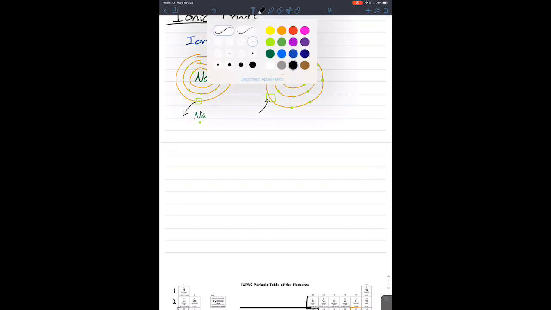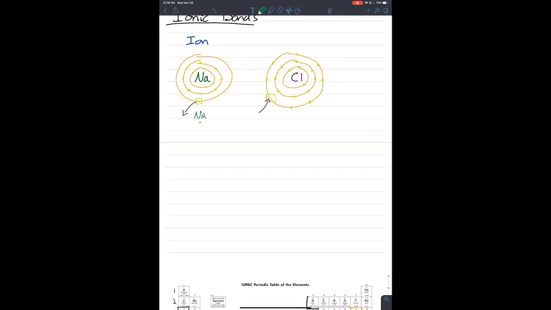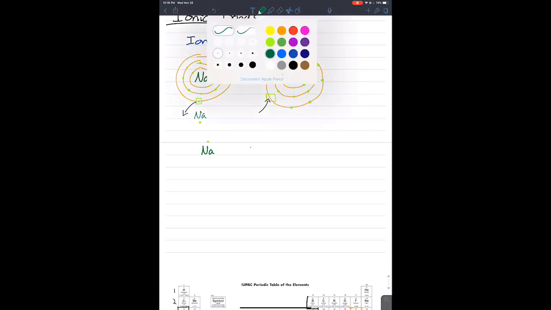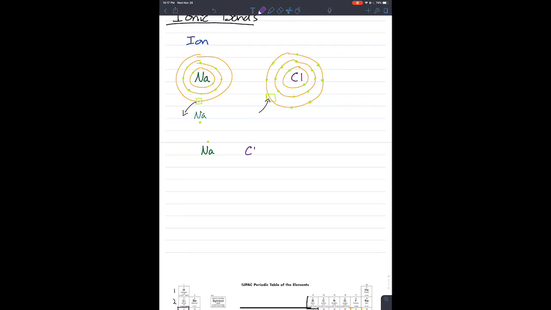Okay, so let's draw out those Lewis dot structures again. So we have sodium here with 1, and then in purple, chlorine with 1, 2, 3, 4, 5, 6, 7. So this electron is going to go right here.